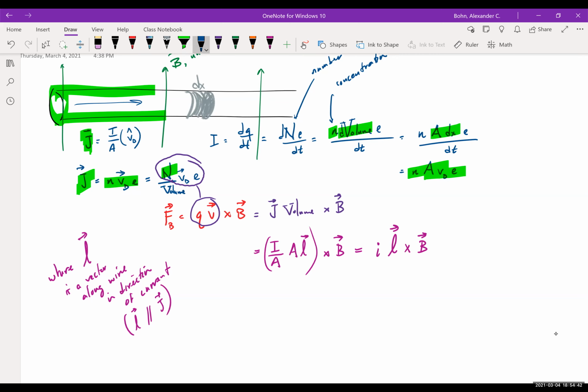Now, the number of electrons, capital N, times E, the charge on an electron, that's Q. That's the total charge Q moving with speed, drift velocity V. So this purple circle, capital N times E times drift velocity, that's QV in our QV cross B formula.